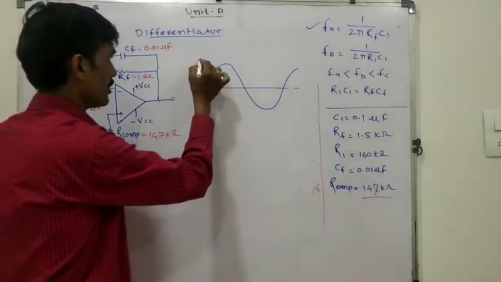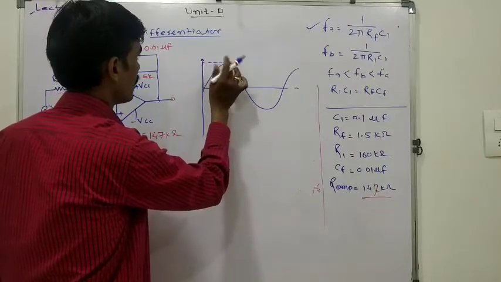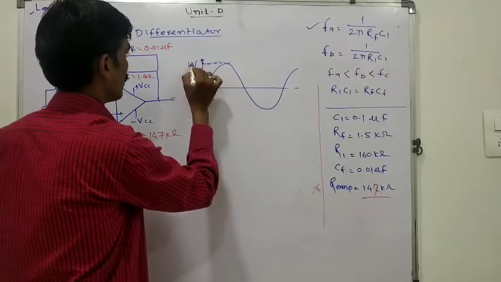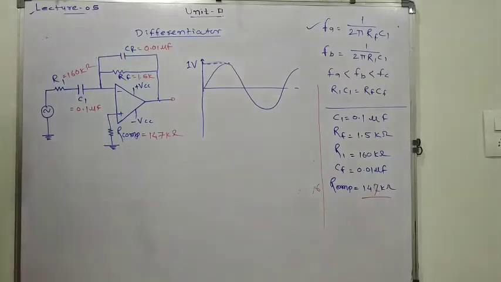What is the voltage? The voltage is 1 volt. A 1 volt sinusoidal wave is given. This sinusoidal wave is of 1000 Hertz.